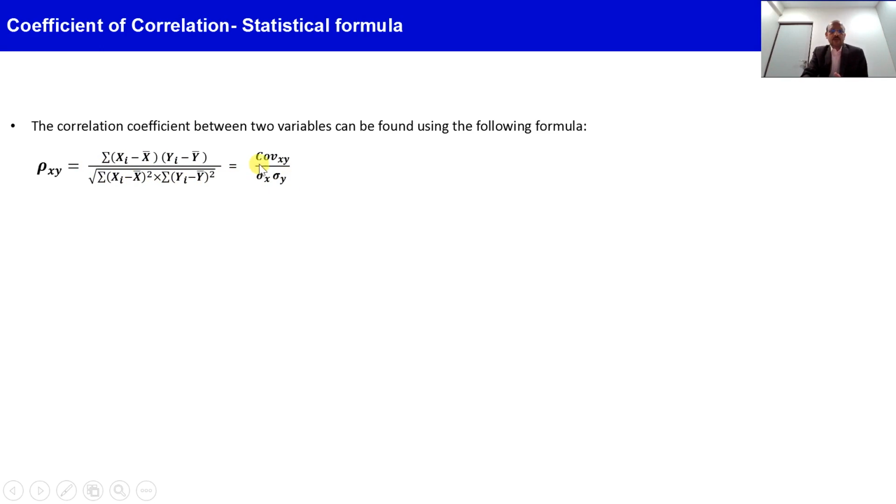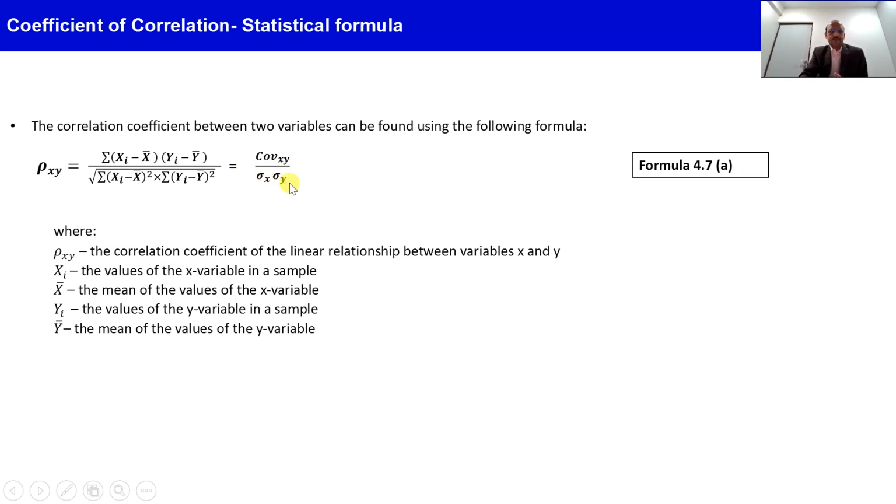So we can simply say the covariance of x and y divided by sigma x sigma y is the coefficient of correlation.